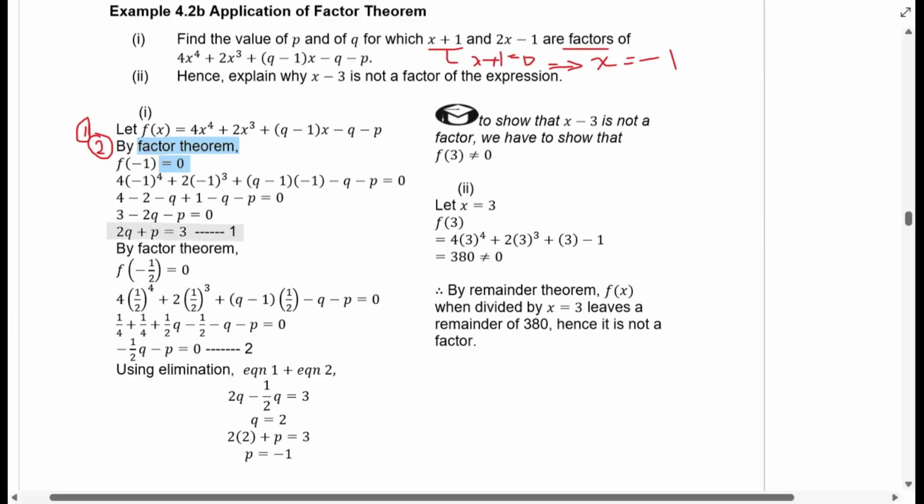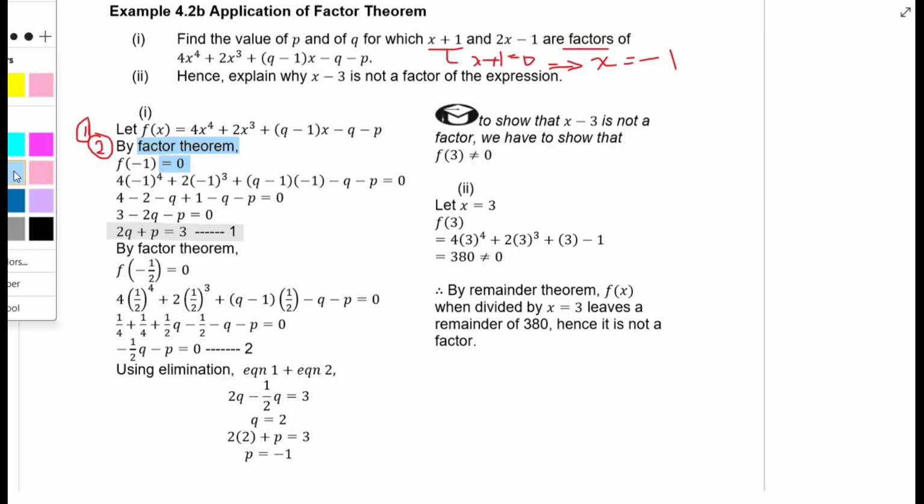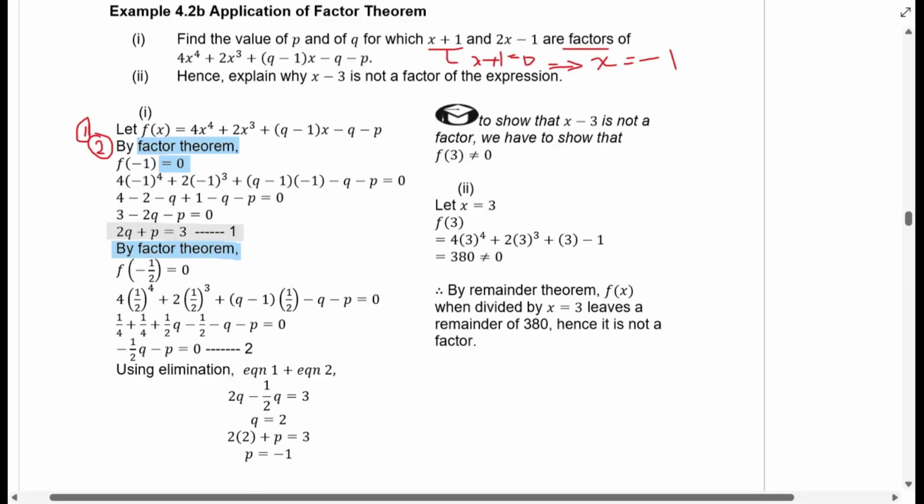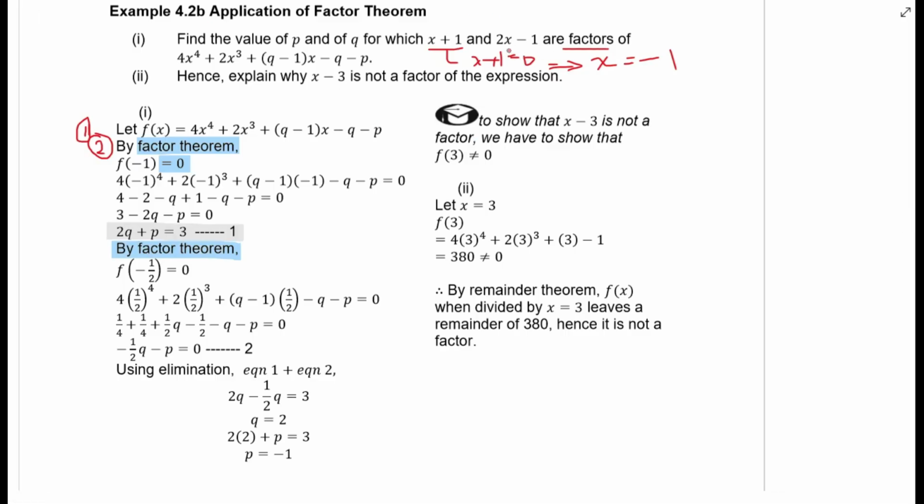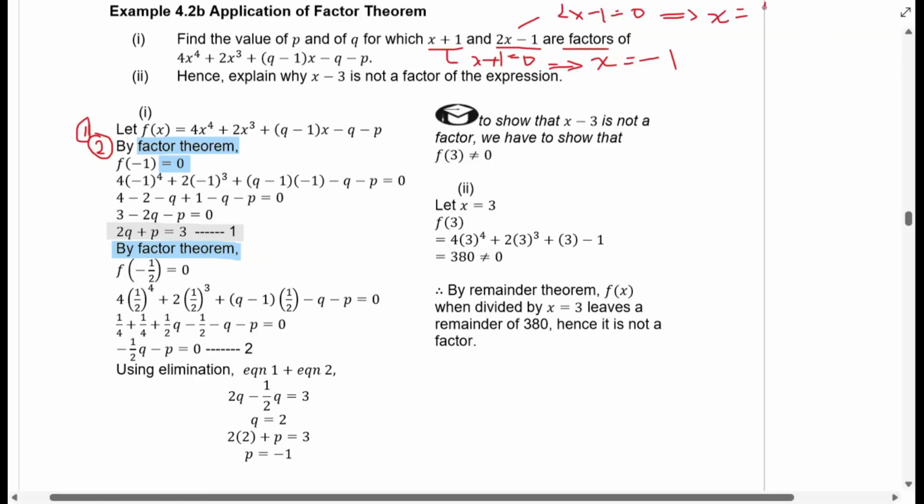And then repeat this process for your second factor. So once again, emphasize by factor theorem. Find your second factor stated in the question, 2x minus 1. Let it equal 0. Then you will get x equals half.